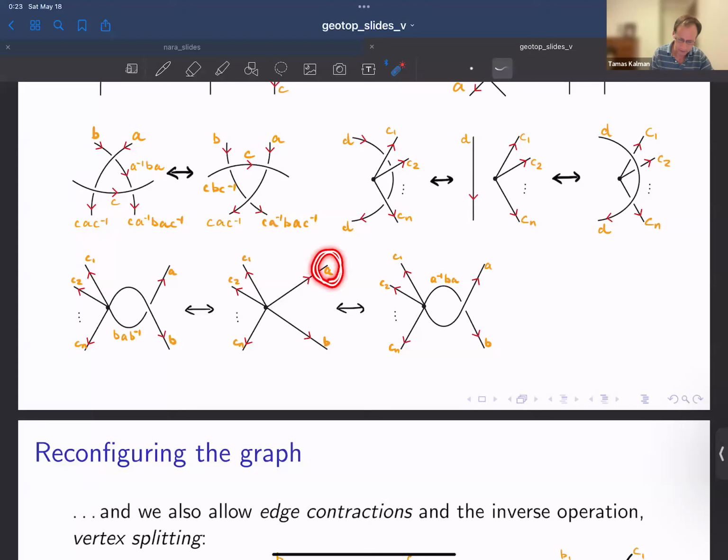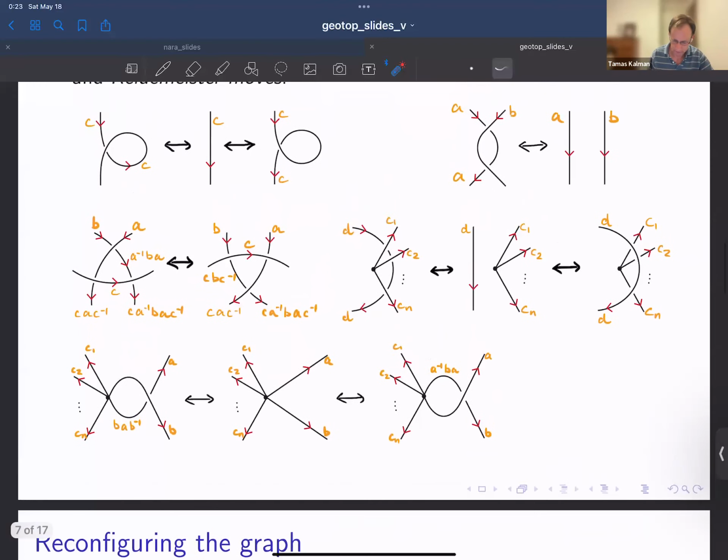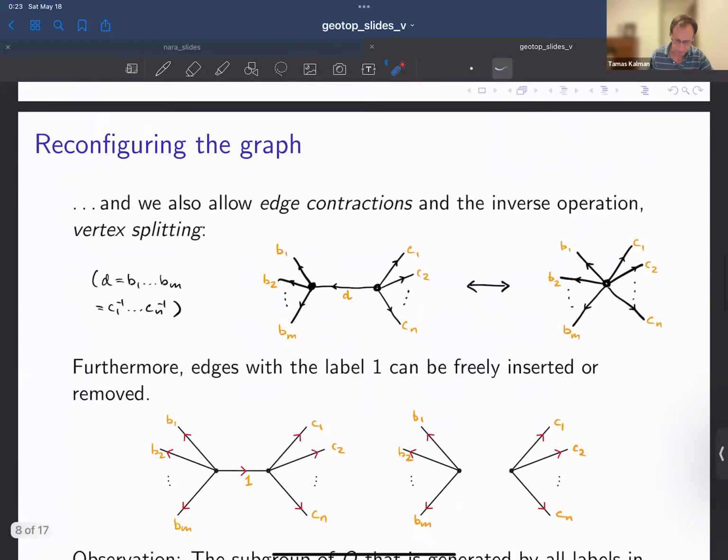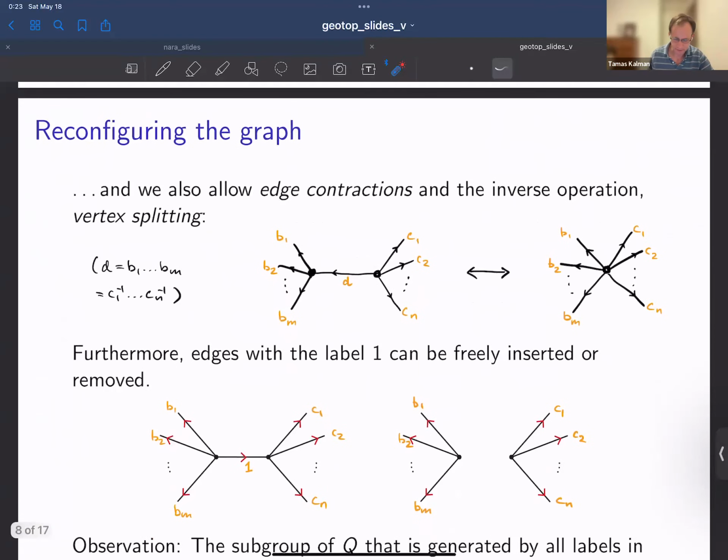So if the label was A on this arc, then it's still A here as well as here, etc. So I guess it's fairly easy to see that all of this action can take place in my planar projections. But that's not all. There is more. We do have graphs, and they can do interesting stuff.